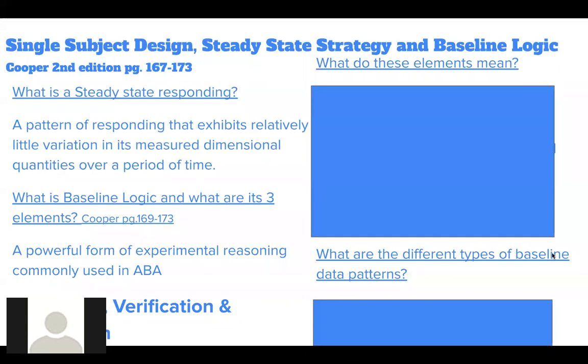Prediction is like what you think the outcome is going to be. And verification is when the data matches your prediction. And then replication is when you can do the experiment over and over with the same independent variable and it gives you the same outcome. Nice job, guys.